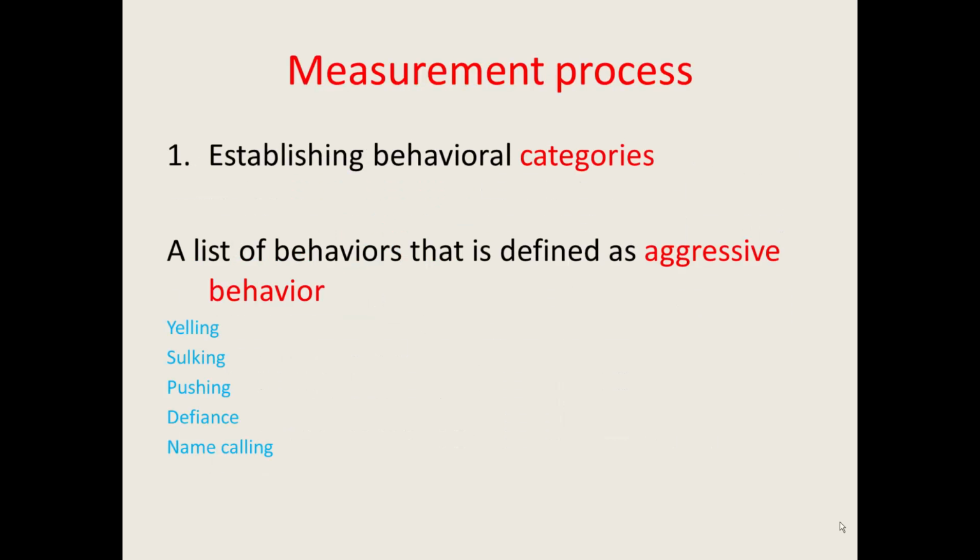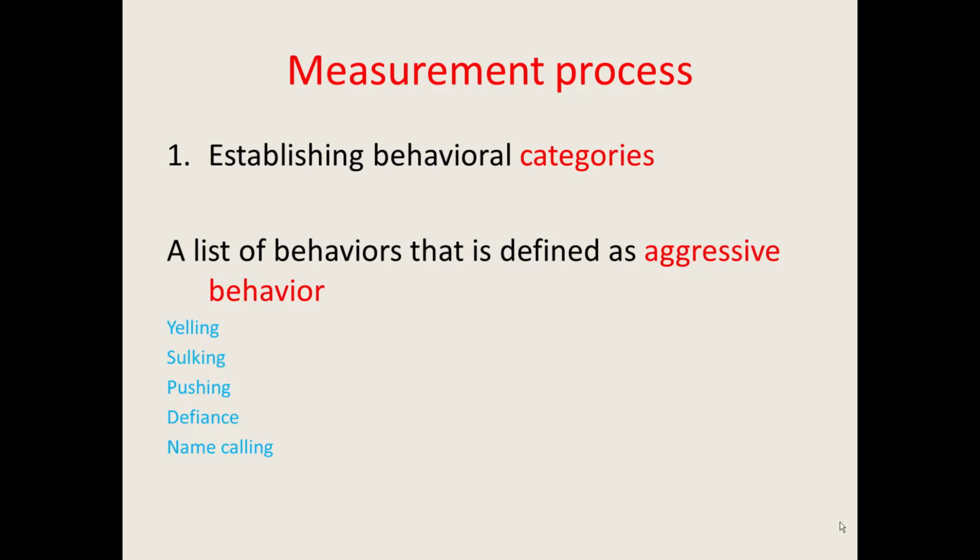No matter which sampling method you use, you have to go through a process of measurement. First, you establish a behavioral category, like what kind of behaviors you want to observe and measure. So for example, instead of saying that I want to go to this school and observe students' aggressive behavior, you have to define what aggressive behavior is and what it includes.